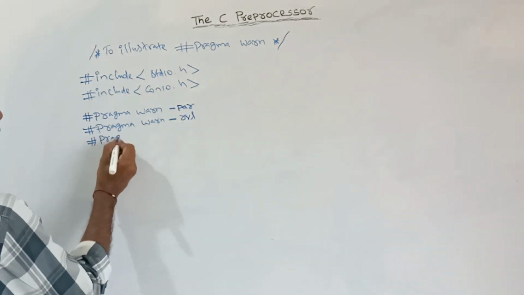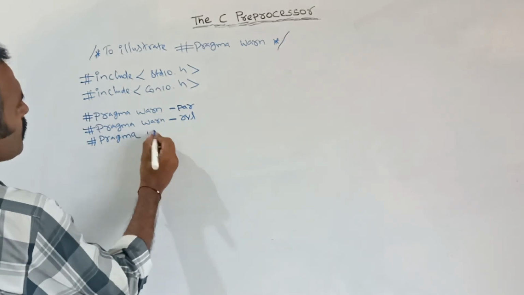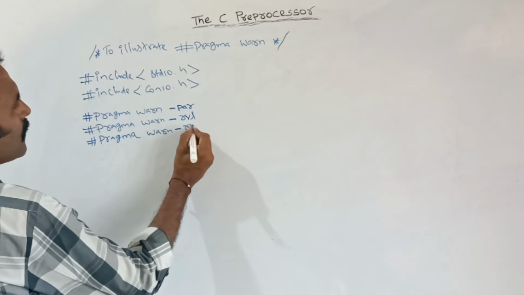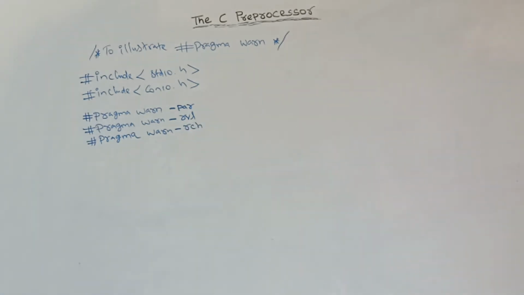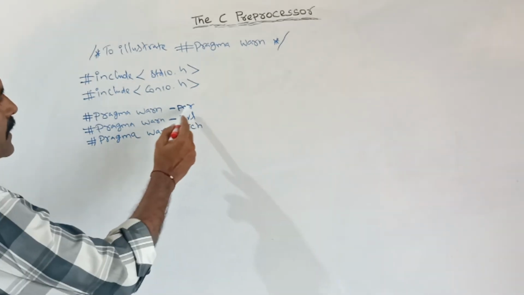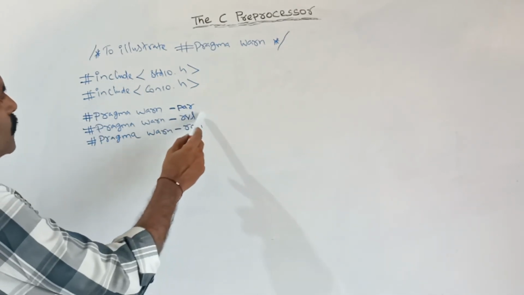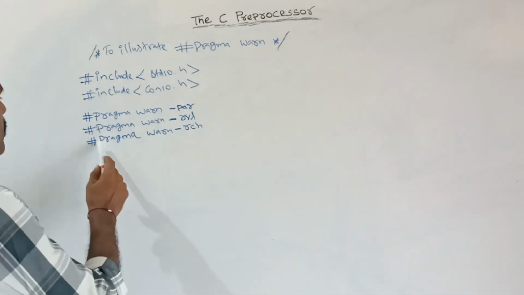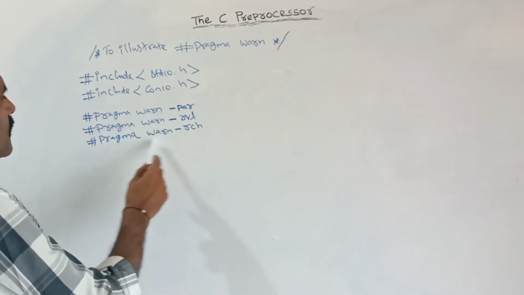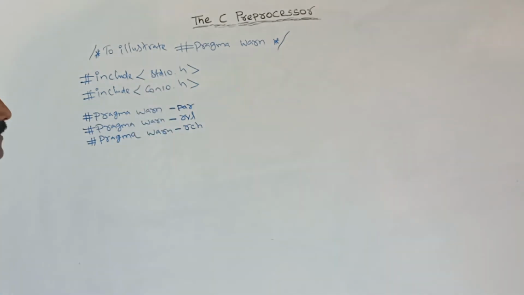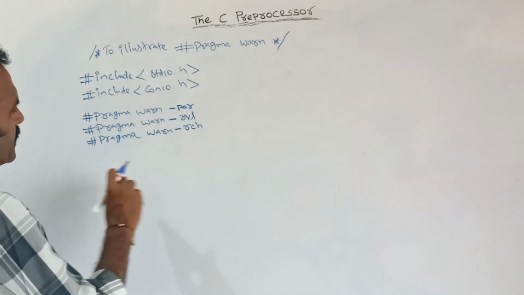Next, minus RCH, code not reachable. So here PAR, that is parameter not used. Next one, no return values. At last, the third one, unreachable code. These are the 3 kinds of warning we are now going to see. Next, I am writing the function.